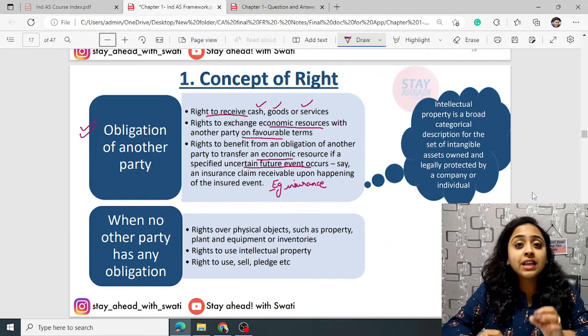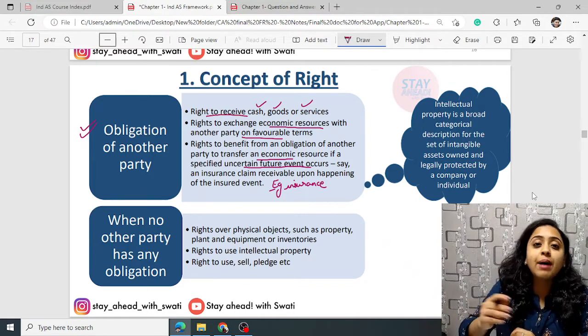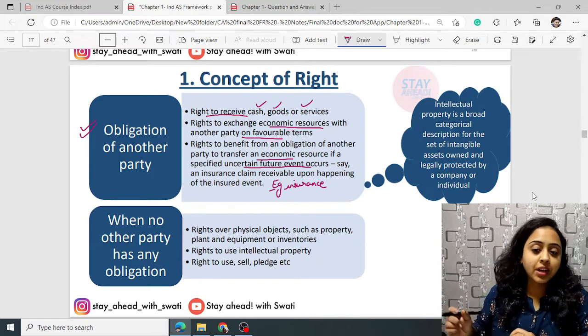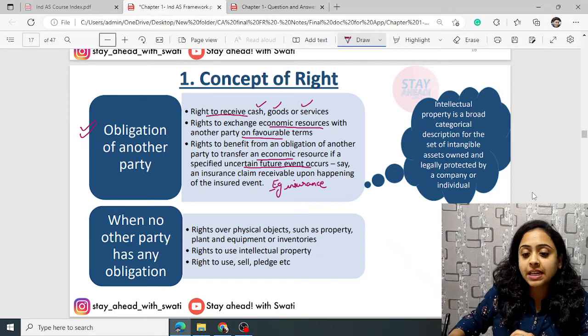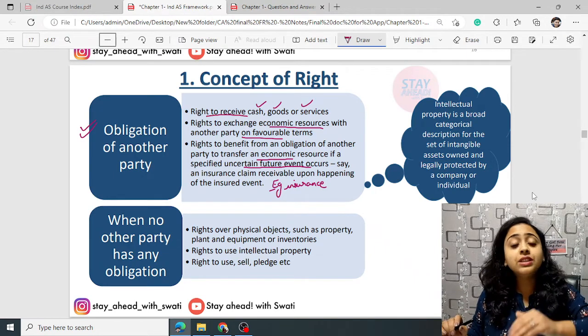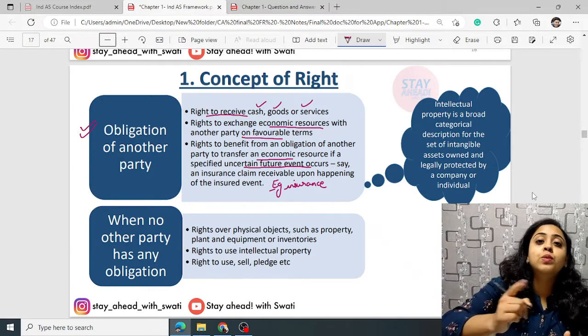So you have a right which is contingent on the happening or non-happening of some uncertain future event, for example, an insurance claim receivable upon happening of an insured event. So these are rights in the form of the other party having an obligation towards you.